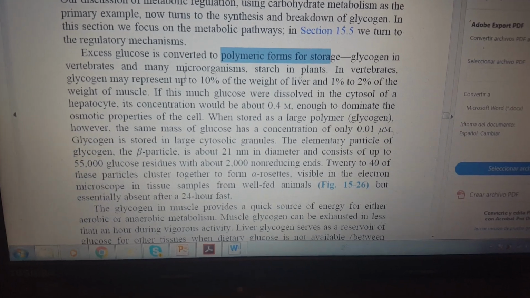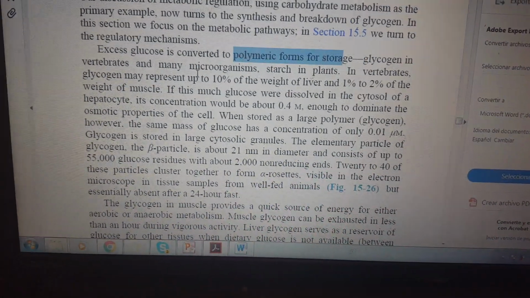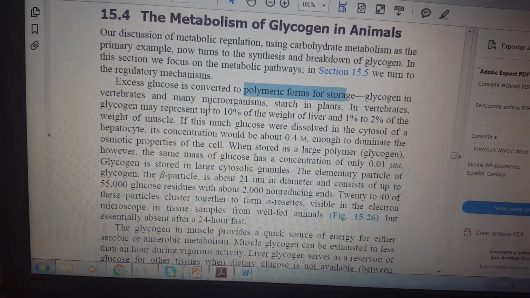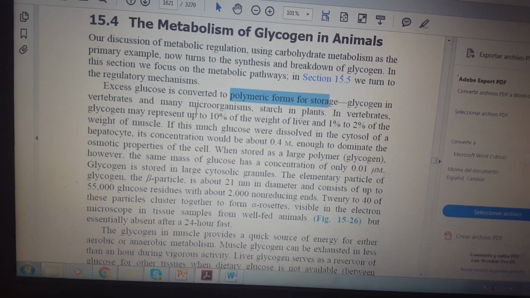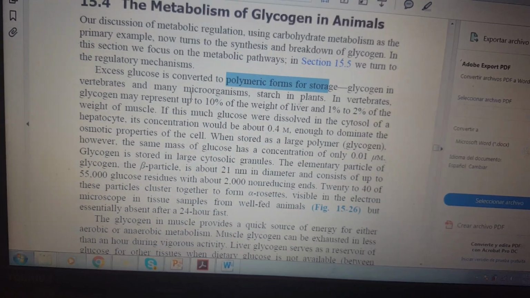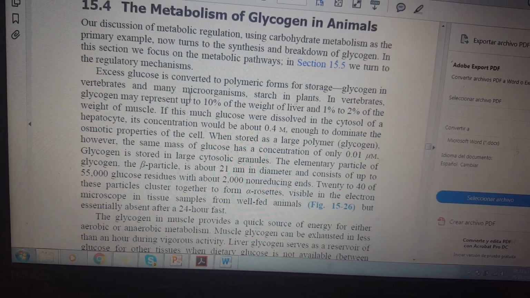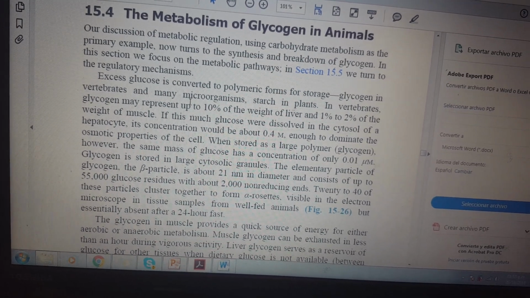So, in vertebrates, glycogen may represent up to 10% of the liver weight and just 1 to 2% of the weight of the muscle. So we have a higher demand of glycogen in liver than in muscles. This is important to remember.